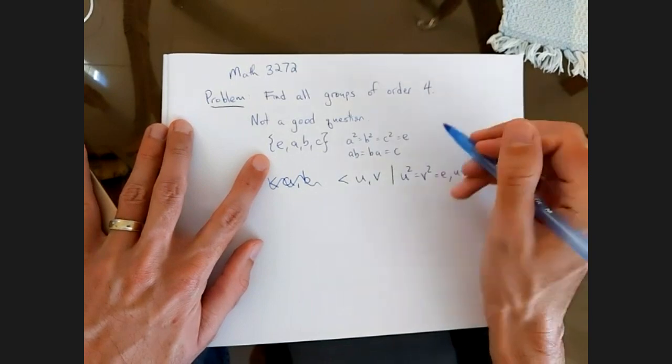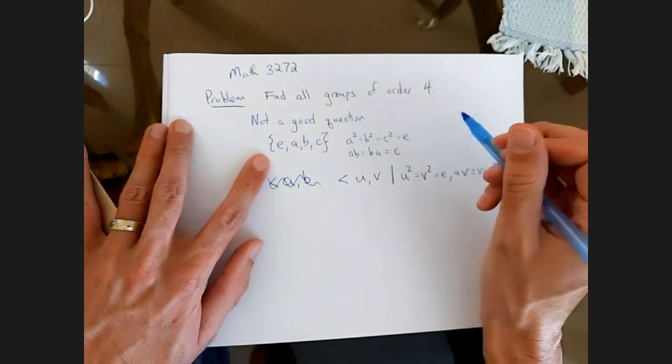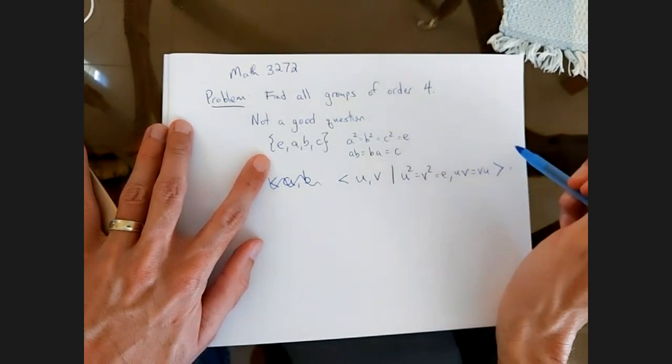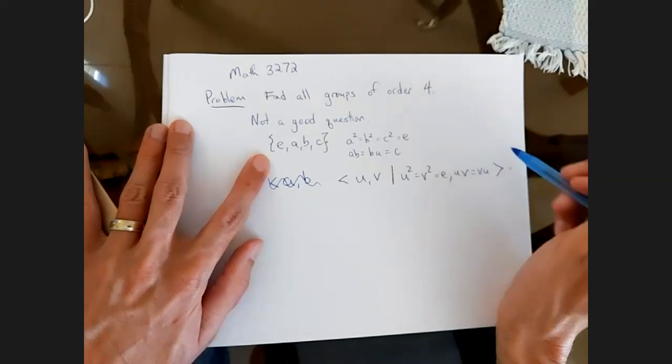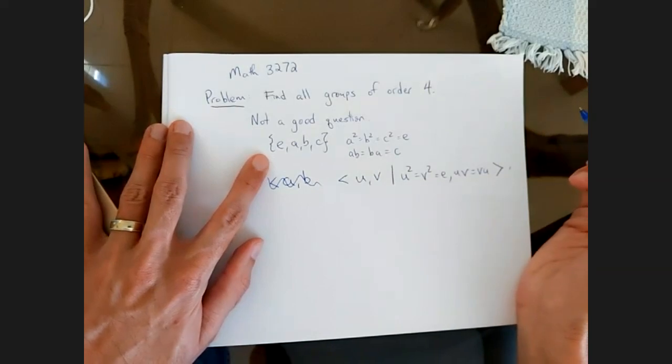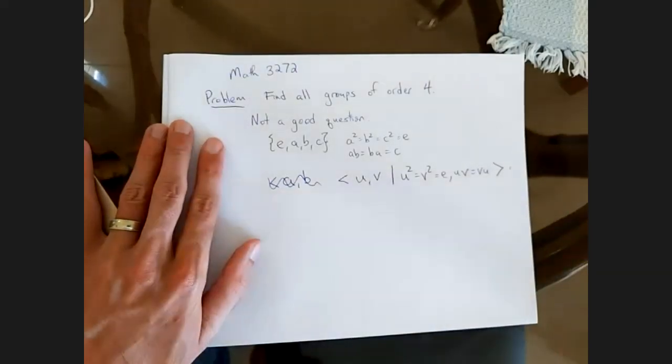These are not the same group, but it turns out they are isomorphic. So I don't want to find all groups of order 4 because I'll end up writing the same group in different ways a bunch of times. What I really want to do is find all groups of order 4 up to isomorphism.